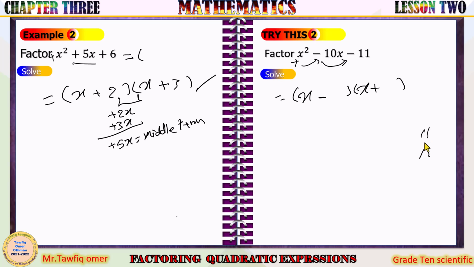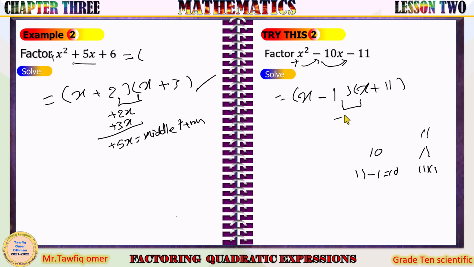Their product must be 11, and their difference must be 10, which is 11 times 1 is 11, and 11 minus 1 is 10. So it is here 11 and here 1. Check your answer.